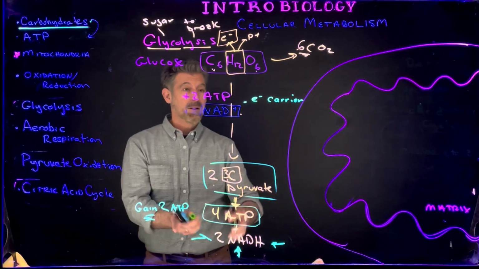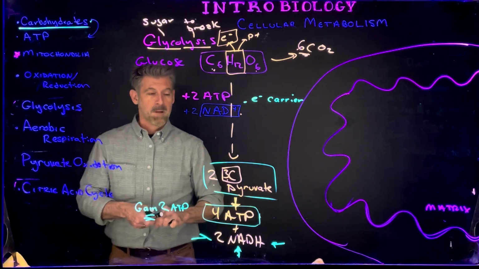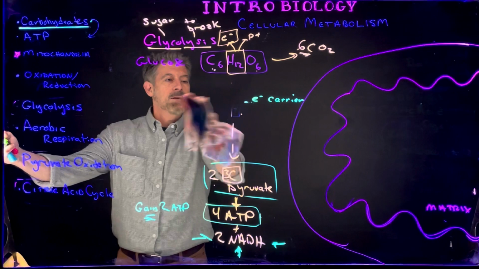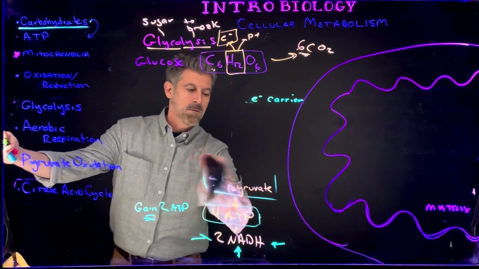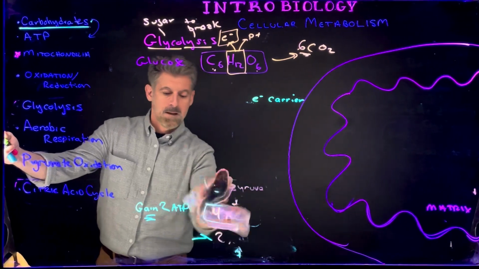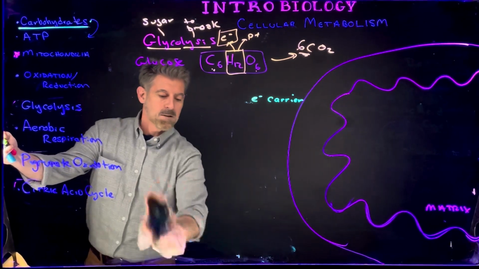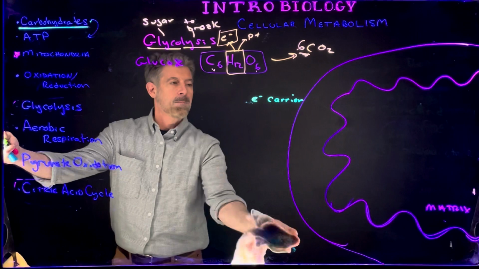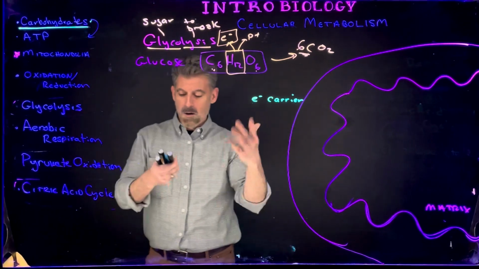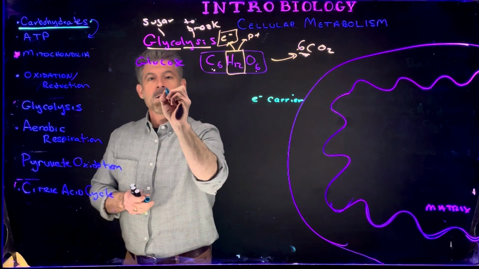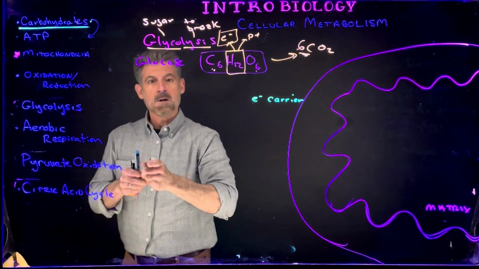So that's really going to be the focus for the future of what we're going to do. What happens in glycolysis, I'm not going to go into all the details. We don't necessarily need it for this class. You can see it again in the other lecture, and you can look a little bit in your book, but there's going to be a couple points I want to fill you in on. It's not all the chemical reactions, but what's going to happen is you're going to get this 6 carbon glucose.